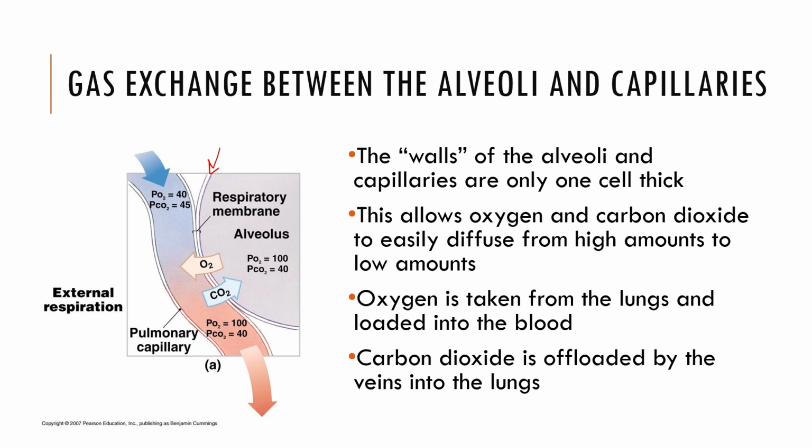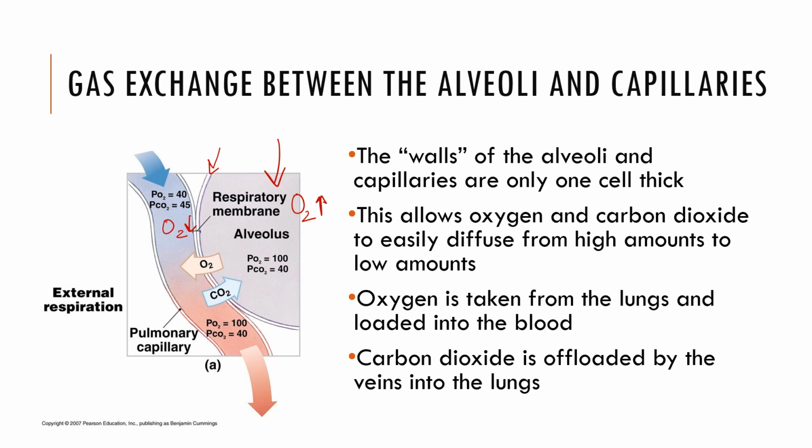So what happens is, when you breathe in, all of your alveoli get filled with oxygen gas. The partial pressure of oxygen, meaning the amount of oxygen in your lungs, is higher than the amount of oxygen in your veins. Because remember, the veins carry all that deoxygenated blood. The cells used up all the oxygen, so there's no oxygen left.